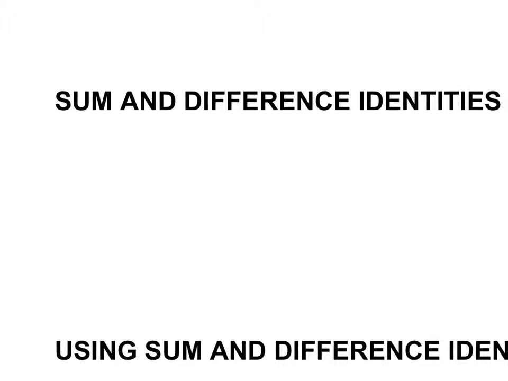Okay, the next one, some difference identities for the tangent function. So same thing, alpha and beta are angle measures. Then what I want to do is I've got my sum formula.